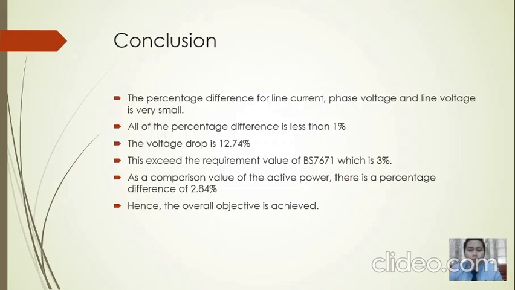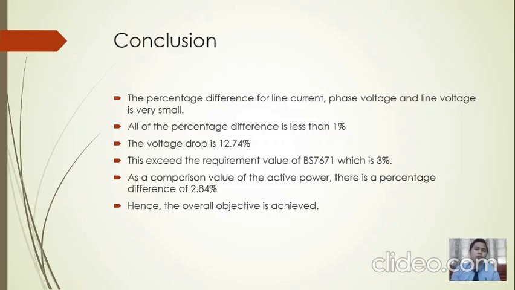For our conclusion, after all the simulation and calculation and the experimental values that we obtained in this experiment, I would like to conclude that the percentage differences for line current, phase voltage, and line voltage are very small. All the percentage differences are less than 1%. Throughout this experiment, I have obtained that the voltage drop is 12.74%.